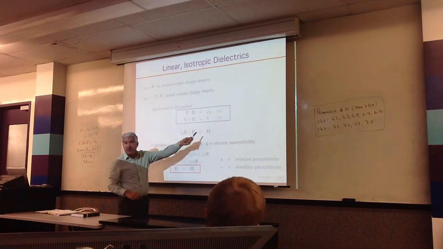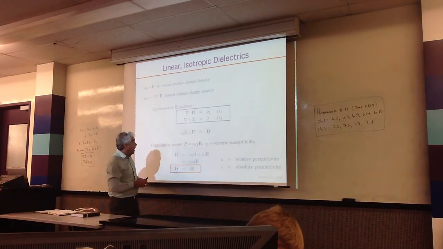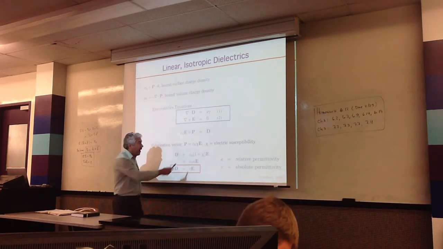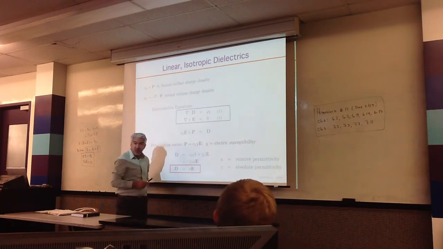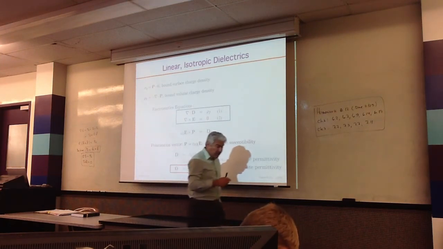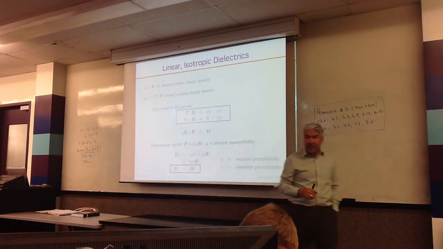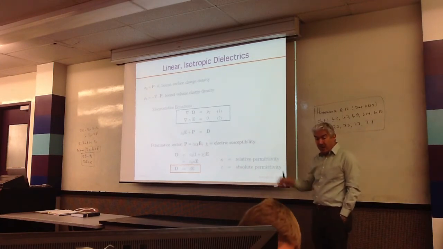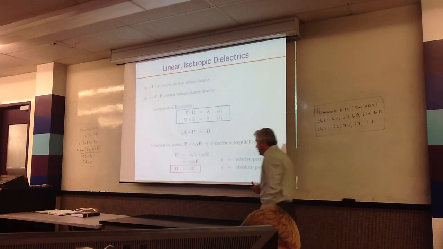It doesn't go as E squared. And that is then a linear dielectric. If chi does not depend on position, where the material is all the same stuff, say oil, or that stuff they put on the big transformers, then no matter where you look you have the same polarization.